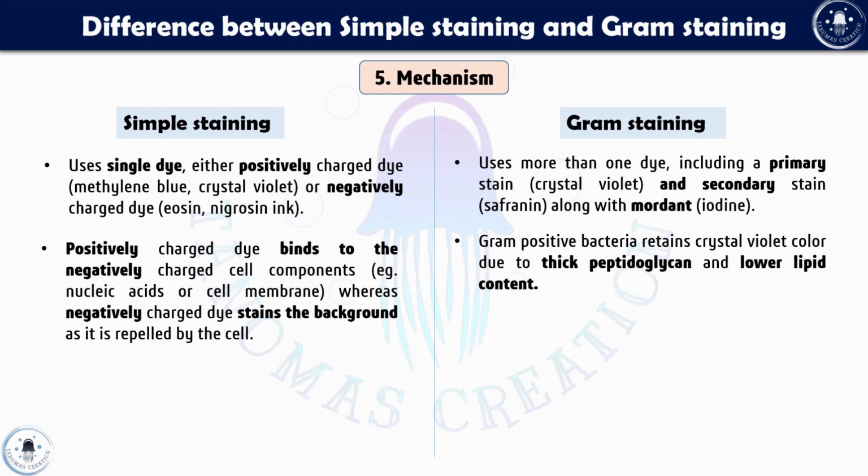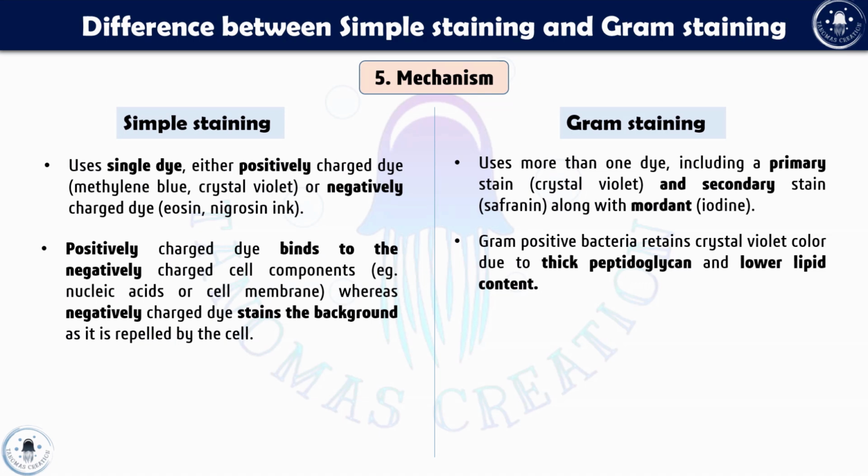Now, in the gram staining, what happens? The gram positive bacteria retain the crystal violet color. Why? Because the gram positive bacteria have a very thick peptidoglycan, right? They have a very thick peptidoglycan and their lipid content is very low. Therefore the interconnection is very high because of the thick peptidoglycan, and the crystal violet does not come out of the cell wall.